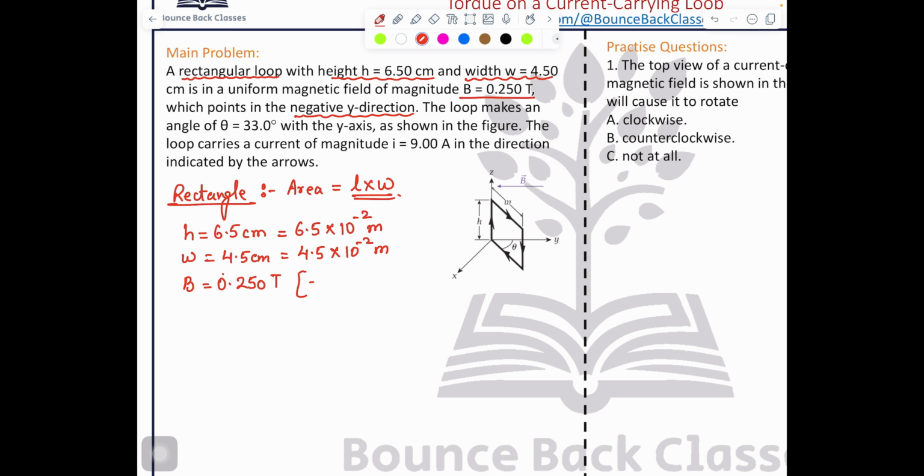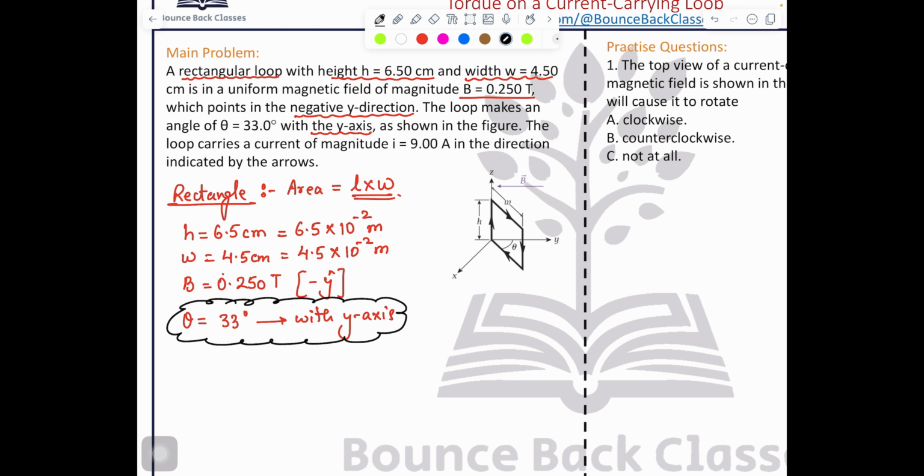Negative y cap. The loop makes an angle of 33 degrees with the y axis. This is something very important. If something is with the y axis, then what is the angle alpha with the x axis?